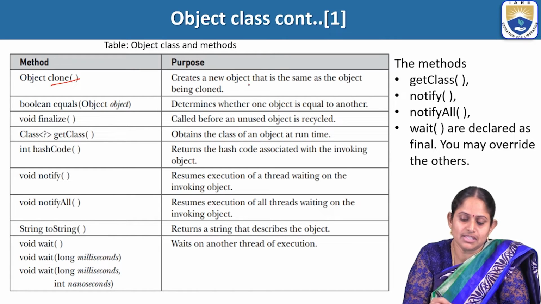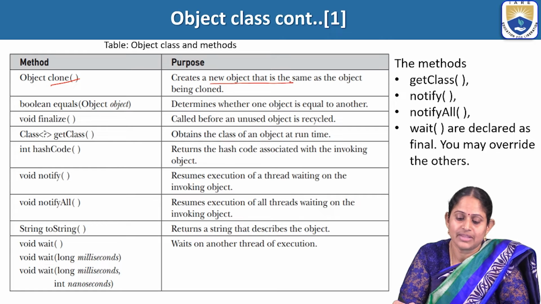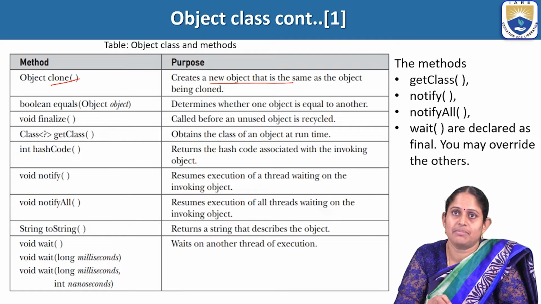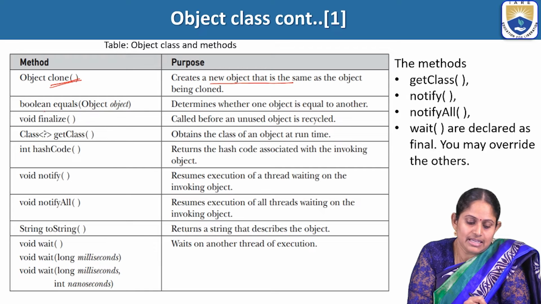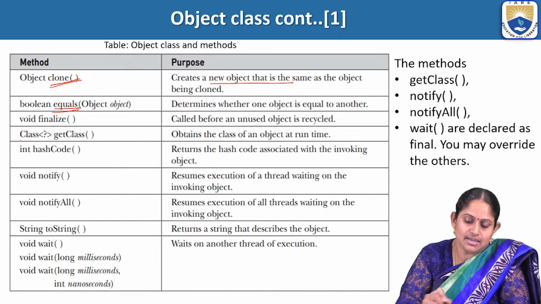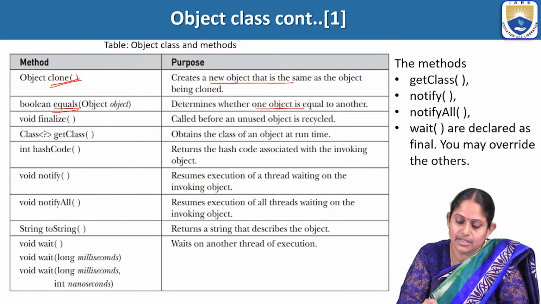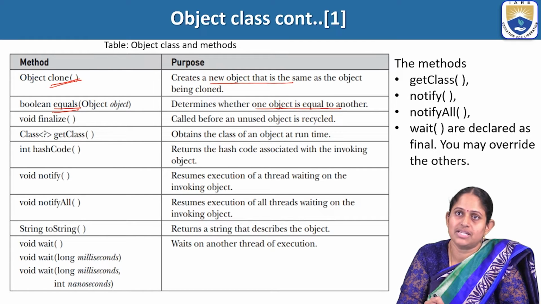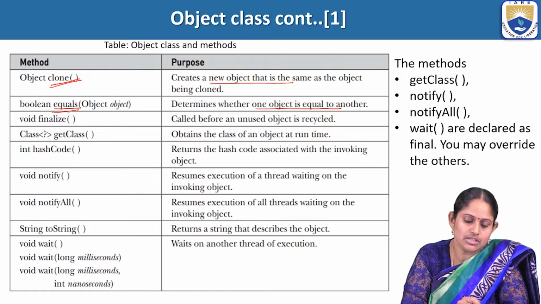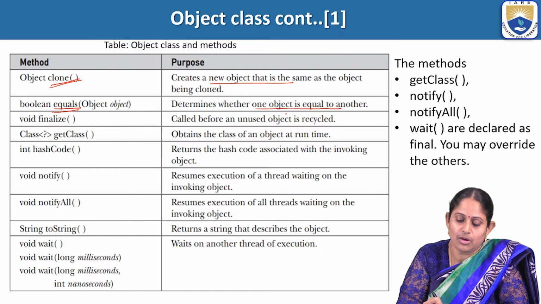The clone method is used to create a new object that is the same as the object being cloned. So if you want to create a clone of an existing object, then you can use the clone method. Then the equals method is used to check whether two objects are equal or not, whether one object is equal to another. So the equals method determines whether one object is equal to another.